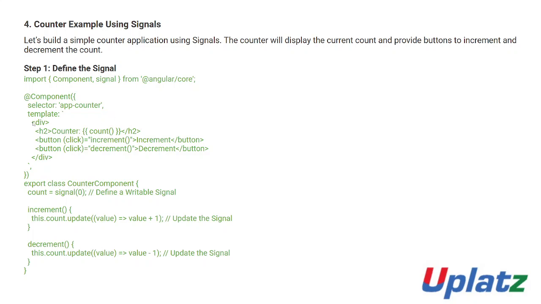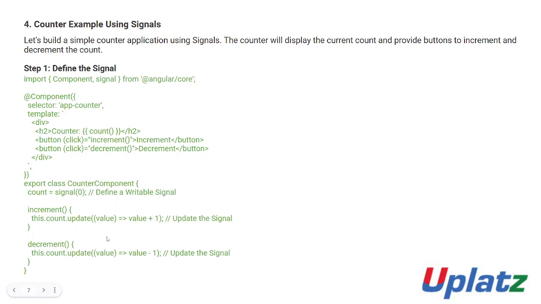Now we have a template here. Let's build a simple counter application using signals. The counter will display the current count and provide buttons to increment and decrement the count. And this template part will be in our HTML.